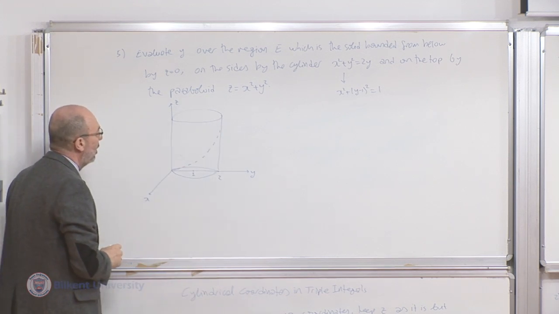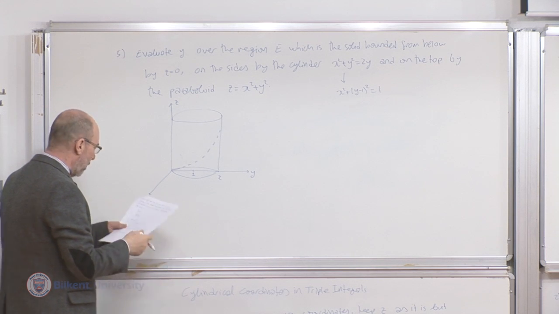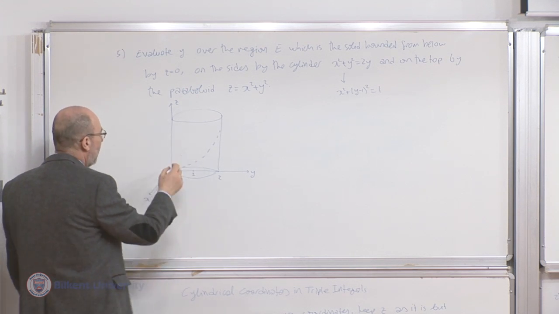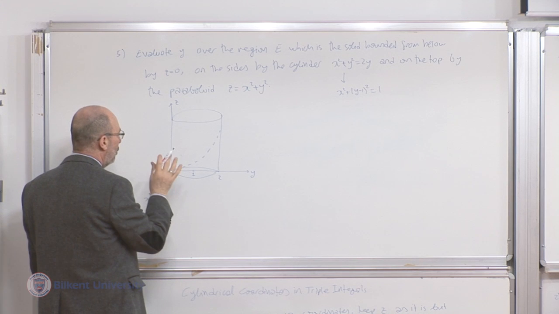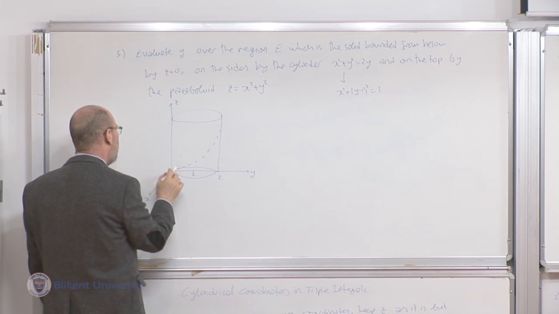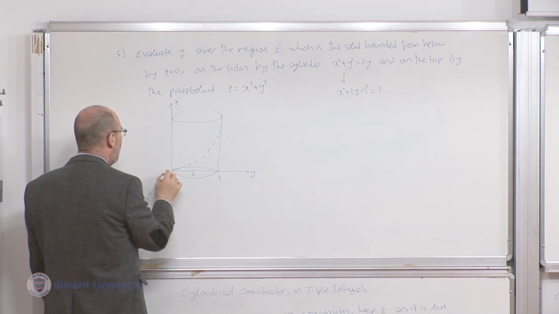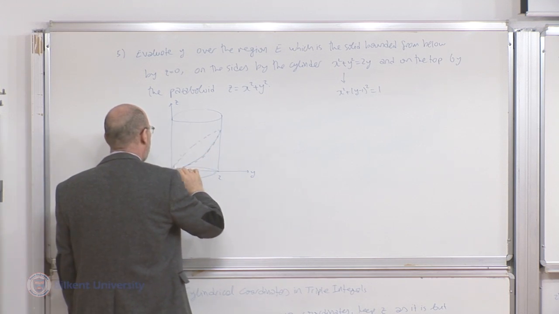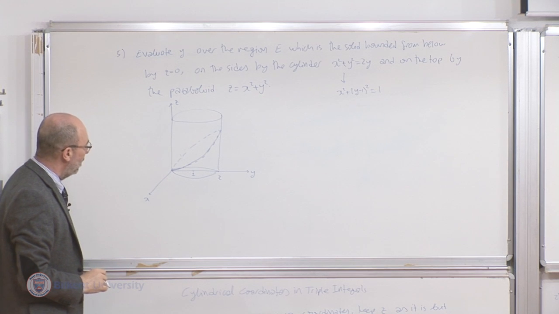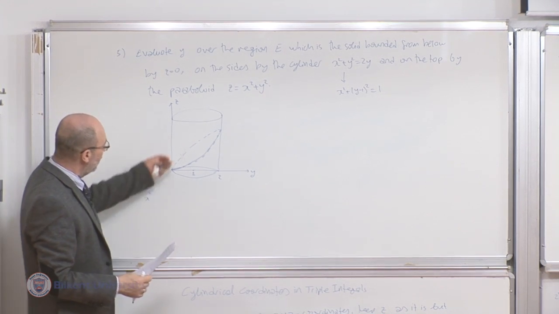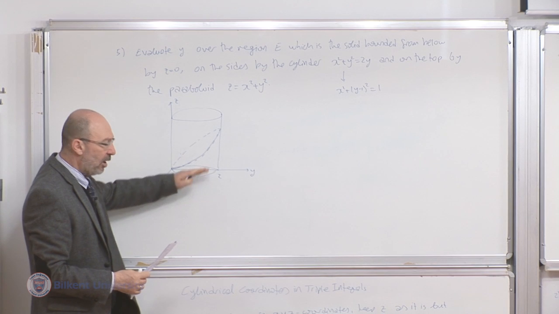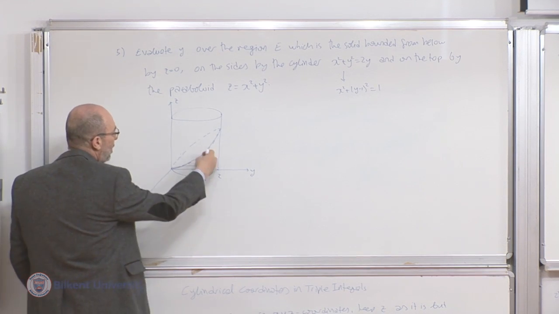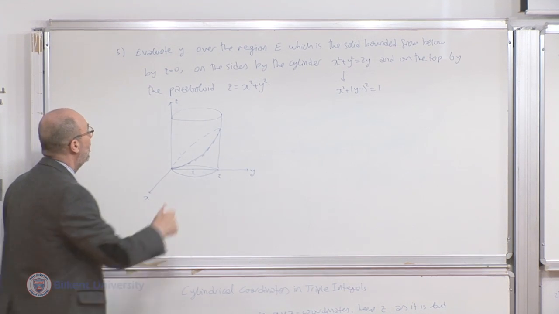Let me leave it like this because it's not easy to draw this. So suppose it's something like this, and it goes like this. When I draw it, you should expect that there's a bump down here. So this is the region where we are integrating the function.